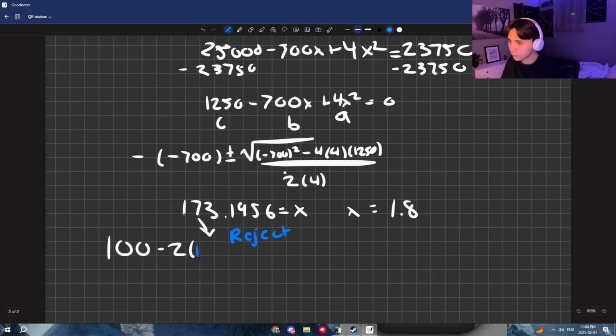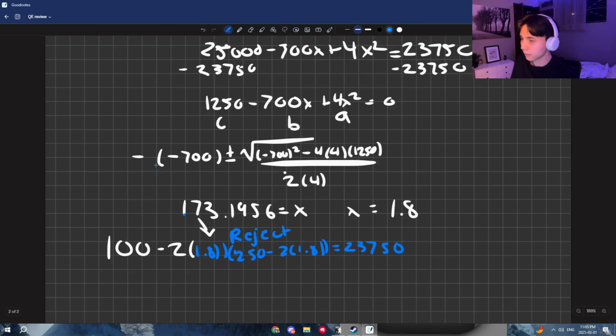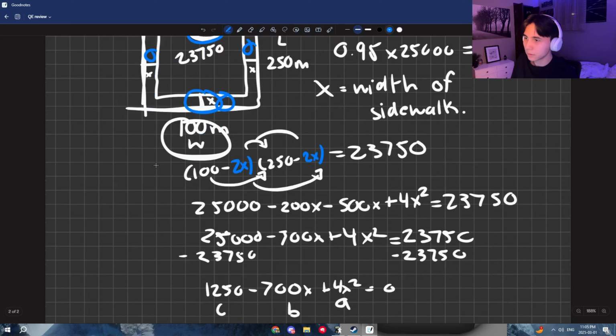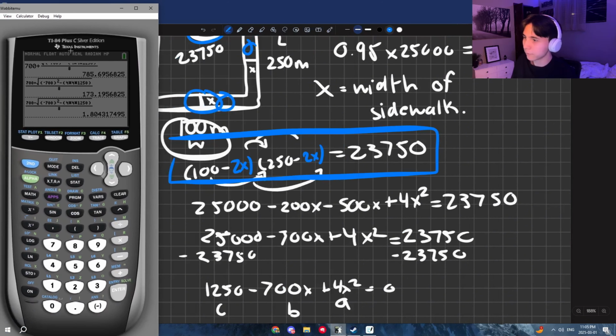Whereas with 1.8, 2 times 1.8 looks actually manageable. And 250 minus 2 times 1.8 equals our new area. So now we can actually test out if we got the right answer. If we plug 1.8 back into our original equation, which was this right here, it should give us our new area, which is going to be 23,750.